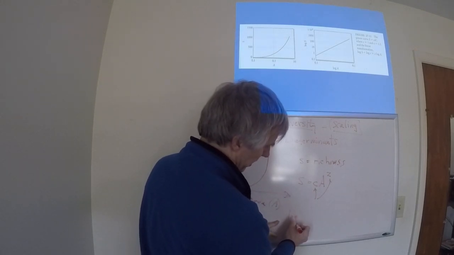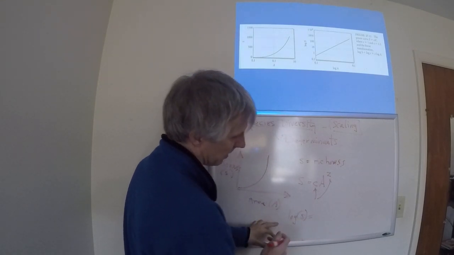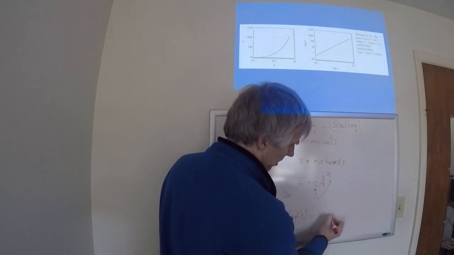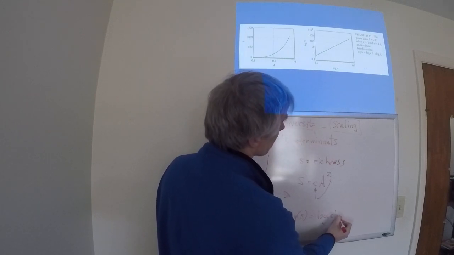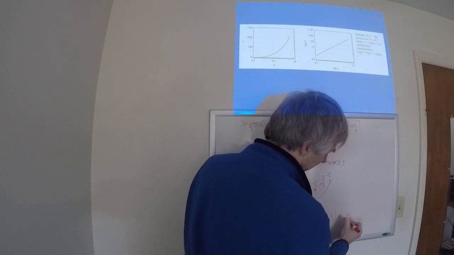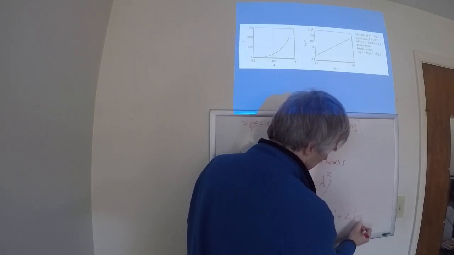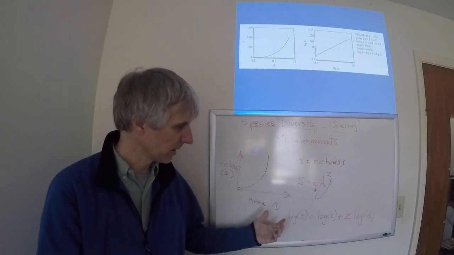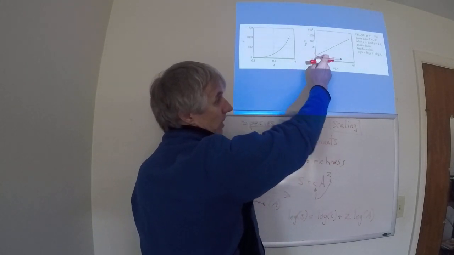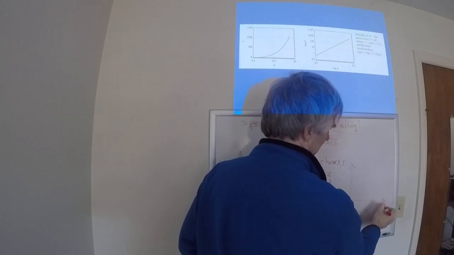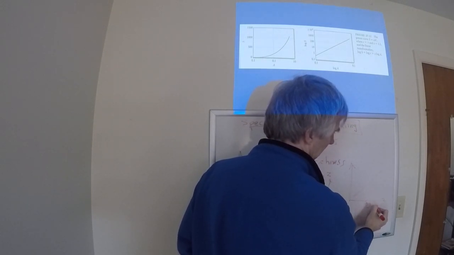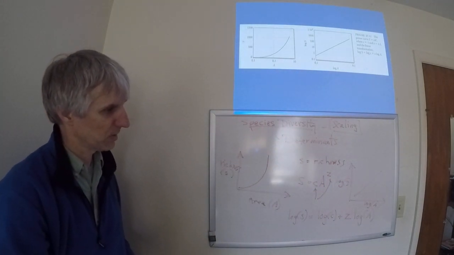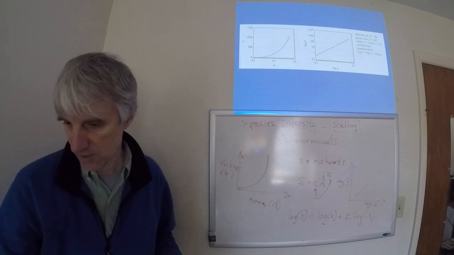So if we log transform this equation, we would get the log of S equal to the log of the coefficient C plus, bring this down in front, Z times the log of A. And that would give us our linear equation, which is shown here. Log of A, and that's log of S.